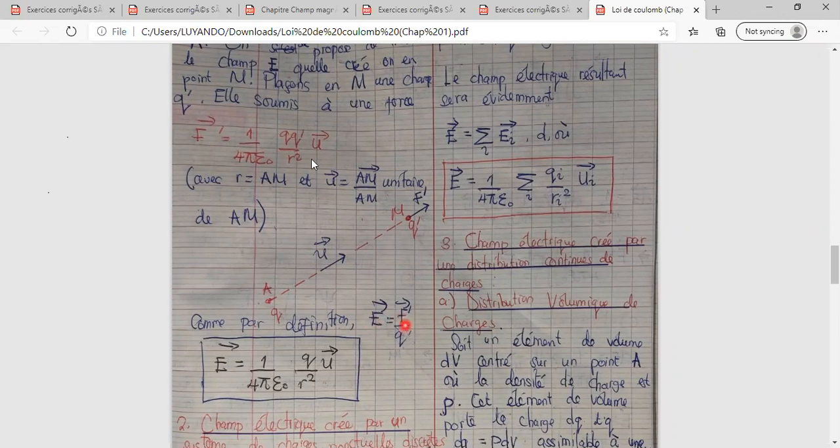If we replace where there is F with this whole expression and divide it by Q prime, this is simple math. Q prime and Q prime will cancel, and you will simply remain with this. So this is the final expression that we have for the electric field.